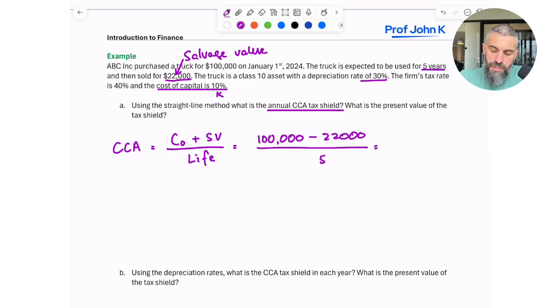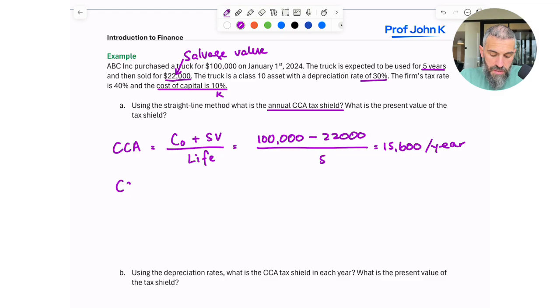Your annual depreciation is $15,600. Okay, that's per year. Now, this is not the answer. This is just your depreciation, right? On your income statement each year, we're going to see a depreciation expense of $15,600.